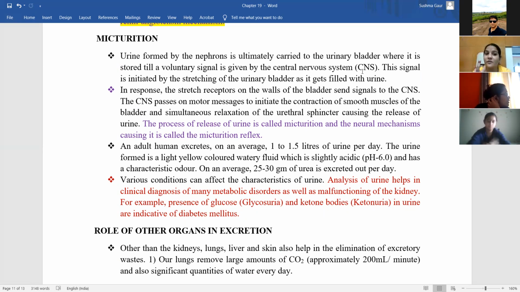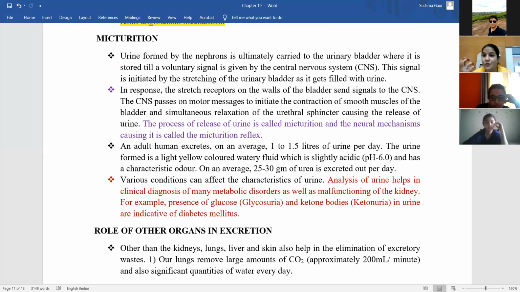A signal is given by the central nervous system. This signal is initiated by the stretching of the urinary bladder as it gets filled with urine. So when the urinary bladder is filled with urine, we get a signal from the central nervous system, and the urinary bladder starts stretching.